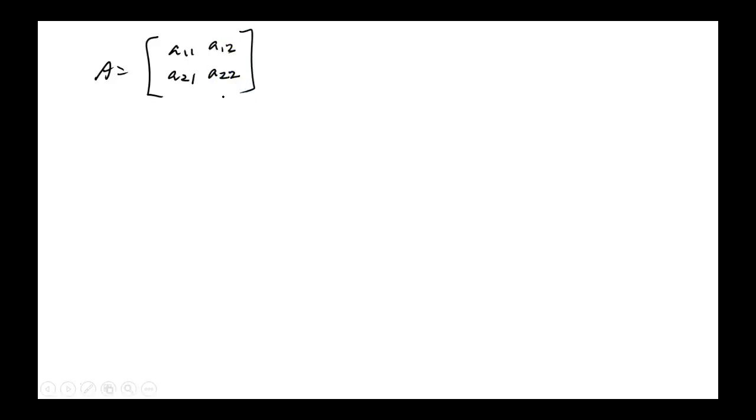B is equal to B11, B12, B21, B22. These are matrices in the vector space M22.